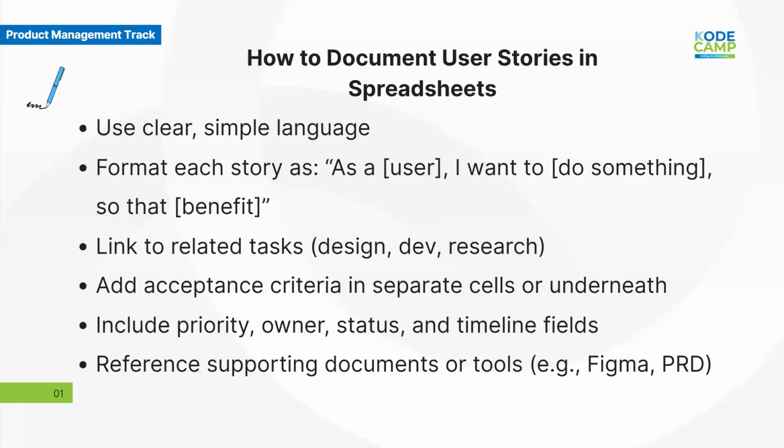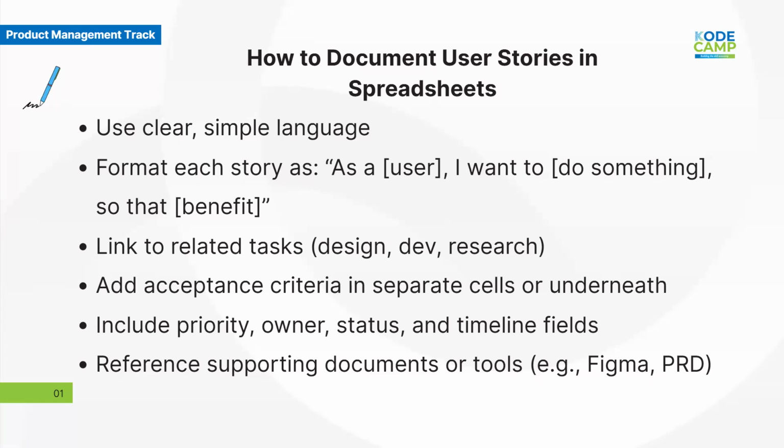Now that we are about to document, not in a product management tool, not just yet, but we're going to be doing it in a spreadsheet. And here's why. When you are early in a project or working with multiple moving parts, a spreadsheet keeps things flexible, like I have mentioned, and it keeps it collaborative.